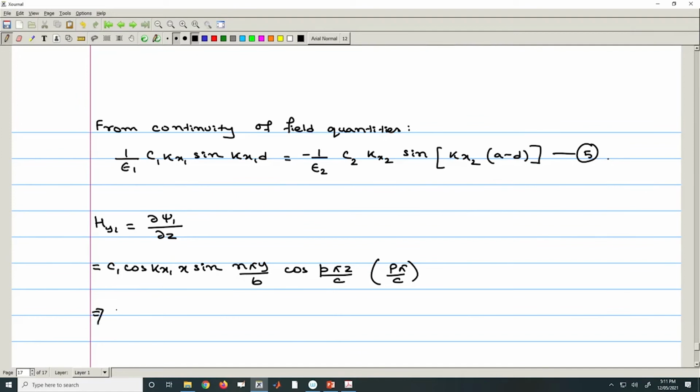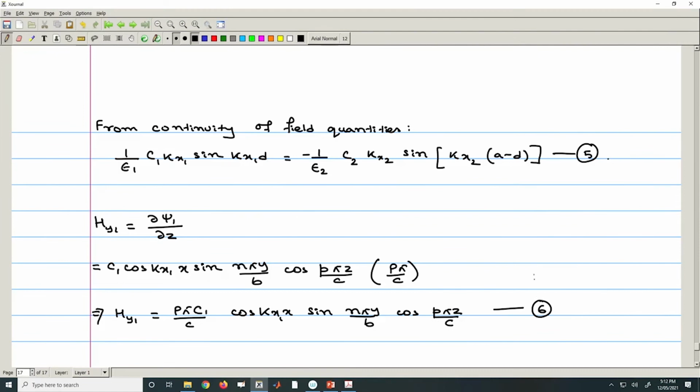Therefore, h y 1 can be written down as p pi C 1 upon c cos of k x 1 x sin n pi y upon b cos p pi z upon c. Okay, let us denote this as equation number 6. So, we have now h y 1 with us.